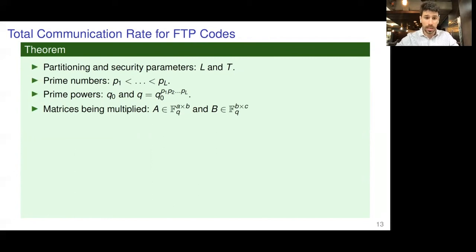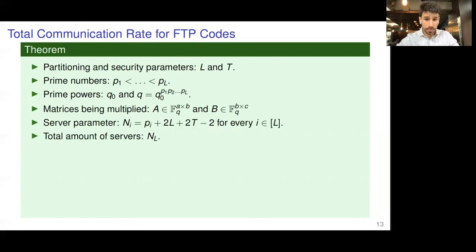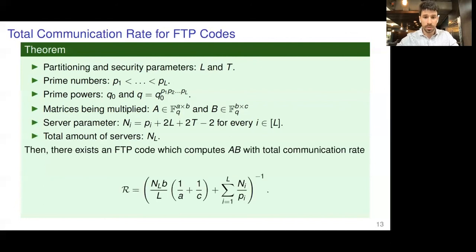There is also this server parameter, which is essentially the number of servers needed to retrieve the partial multiplication Ai Bi. To perform this scheme, we will need NL servers. Given all of those parameters, we can show that there exists an FTP code which computes the matrix multiplication with the total communication rate given by this expression over here.